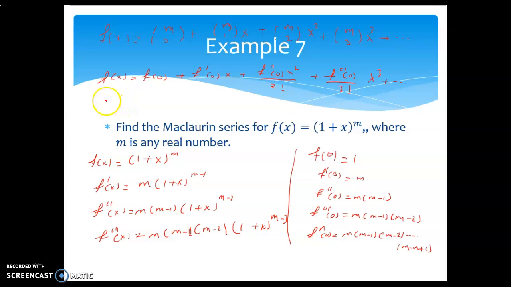So then in a compact notation, this would look like the sum from k equals 0 up to infinity of m choose k times x raised to the power of k, and that should be the end.